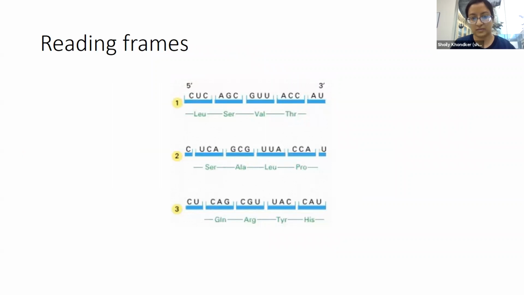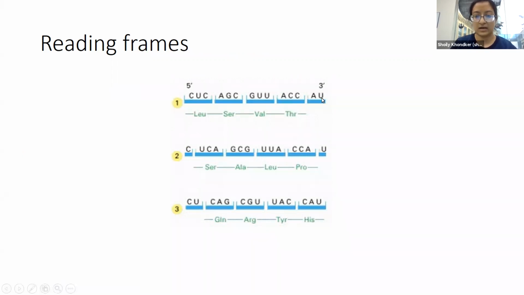So the mRNA transcript can be read through 3 potential reading frames, depending on where you start. As you can see here, depending on which nucleotide you start reading a codon at, there are 3 possible ways of translating this mRNA sequence into an amino acid sequence.